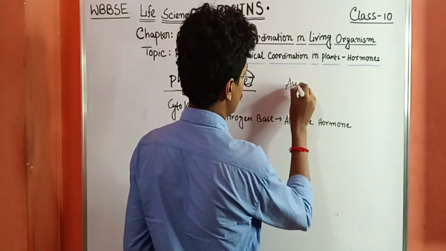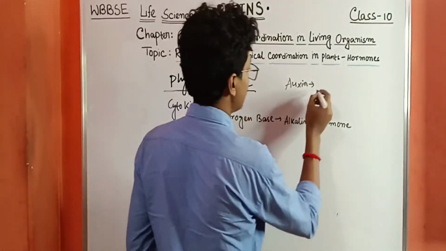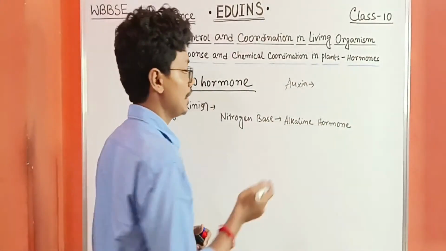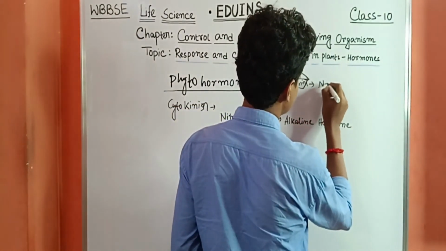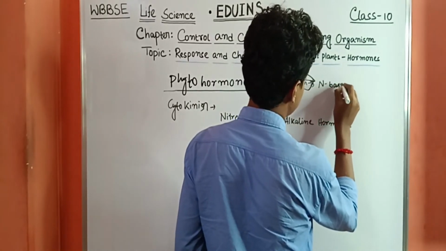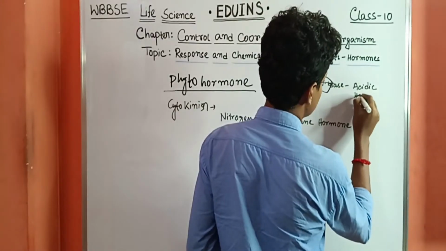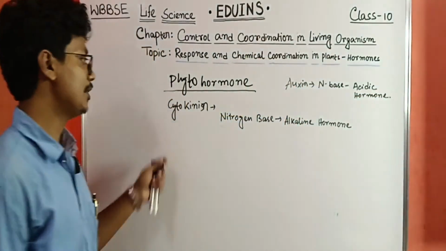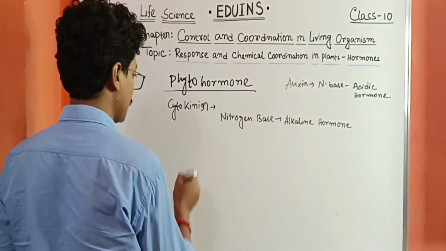In auxin, we have noticed that its scientific name is indole acetic acid. So this is a nitrogen based acidic hormone. Cytokinin is the nitrogen based alkaline hormone.